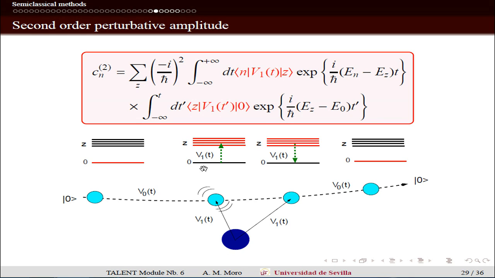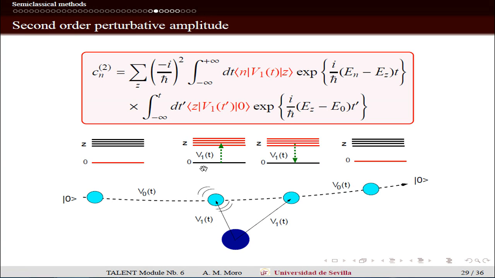So this represents a bunch of excited states. And then from this excited state, we go to a final state N. This final state N could be, for example, the ground state itself. So this second order equation can be used to see the effect of the excited state on the elastic scattering.